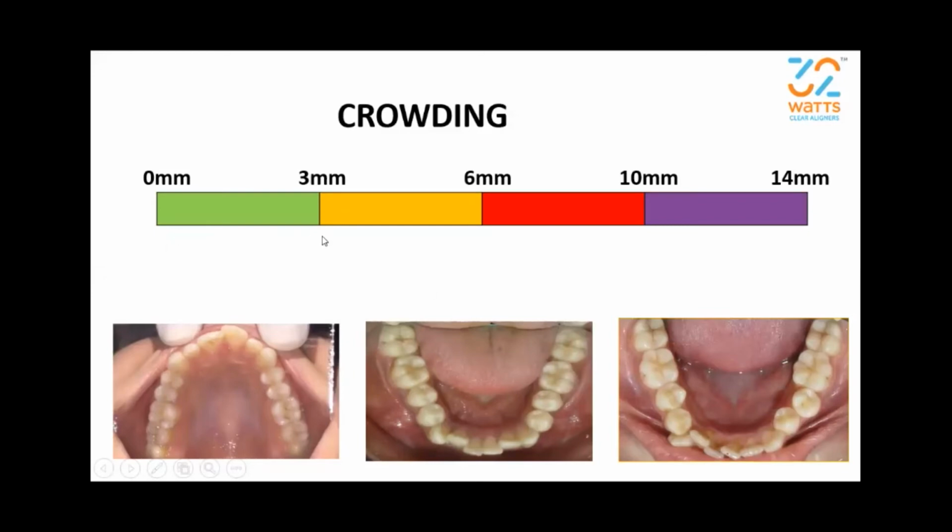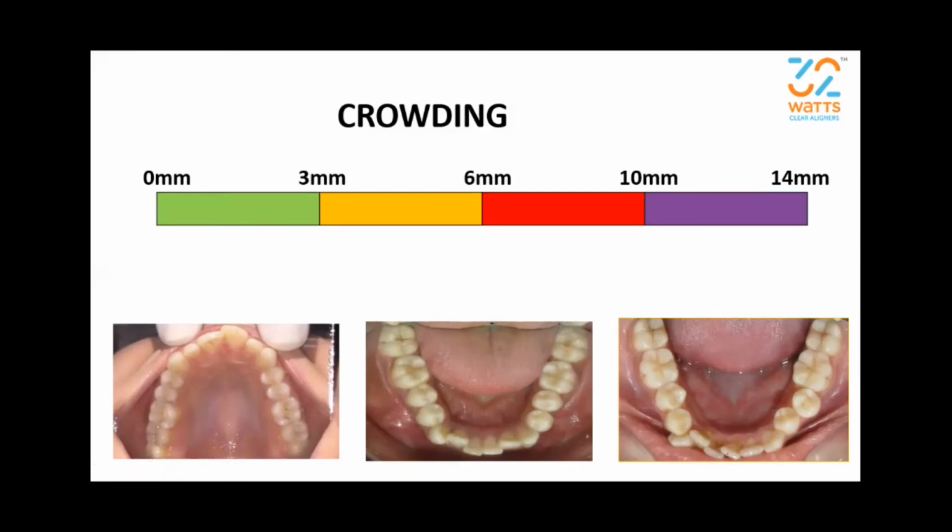So 0 to 3 millimeters of crowding will fall under the mild category, 3 to 6 millimeters of crowding will fall under the moderate category, 6 to 10 millimeters of crowding will fall under the standard category up to 25 aligners, and more than 10 millimeters of crowding up to 14 millimeters will fall under the advanced category.